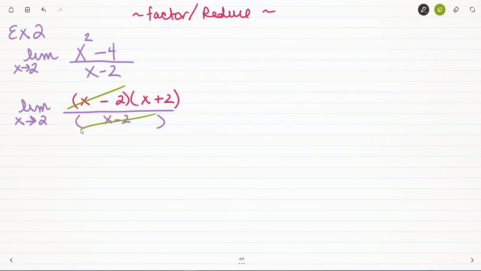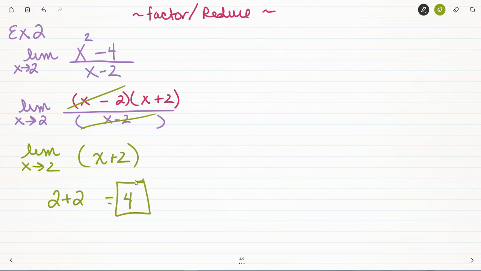And now what we have is the limit as x approaches 2 of x plus 2, and we can use direct substitution, replace the x with the 2, and you get 2 plus 2, or 4.